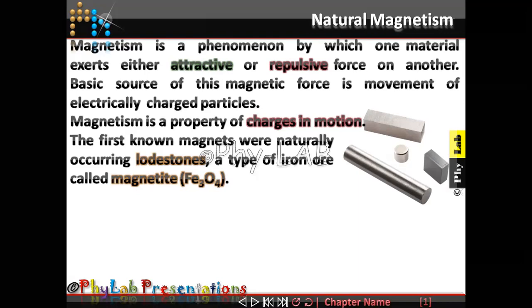We have already studied atomic magnetism in our previous class. So since every atom itself exhibits magnetic properties, under the influence of those properties, certain substances either attract or repel certain other substances. Now, this property is what is known as natural magnetism.